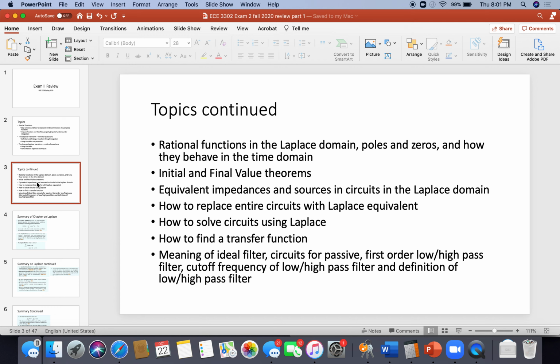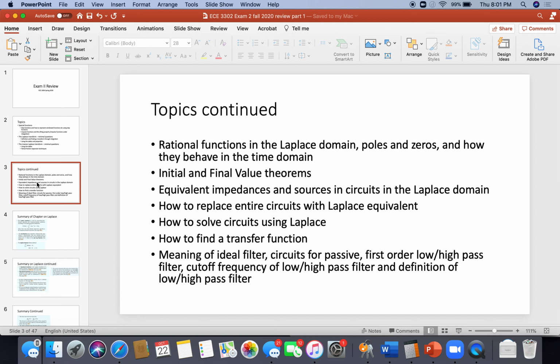In doing a Laplace transform, there will be certain questions that I may ask you specifically to show your work. So obviously I can't stop you from using MATLAB there, but you will need work to back up whatever your answer is. The initial and final value theorem, particularly the final value theorem, is one that we use a lot to assess Laplace transform when looking at circuits and behavior of currents and voltages.